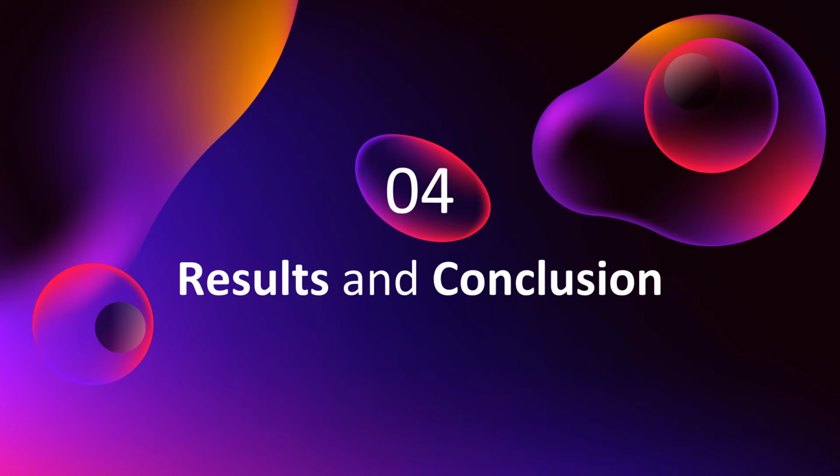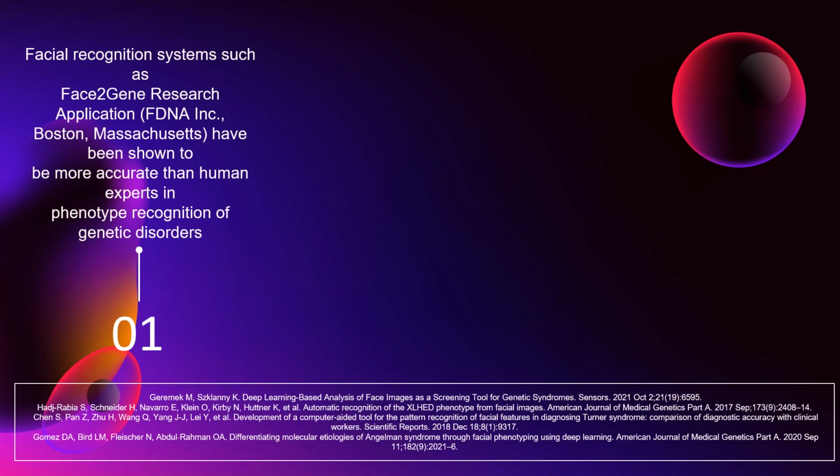We will now discuss the results and conclusions of our findings. To begin with, facial recognition systems such as the Face2Gene research application have been shown to be more accurate than human experts in phenotype recognition of genetic disorders.